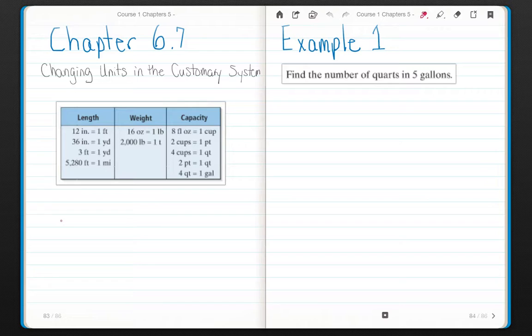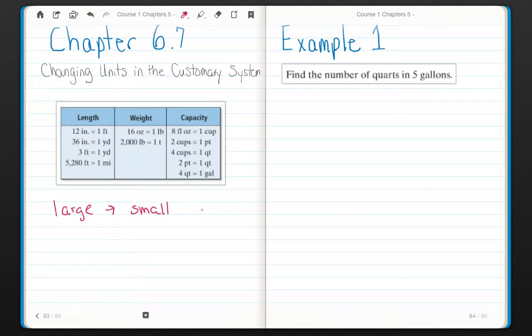Even though it's kind of counterintuitive, meaning it doesn't work the way you think it might, when we change from a large unit, like a mile, to a small unit, like feet, you are going to multiply.